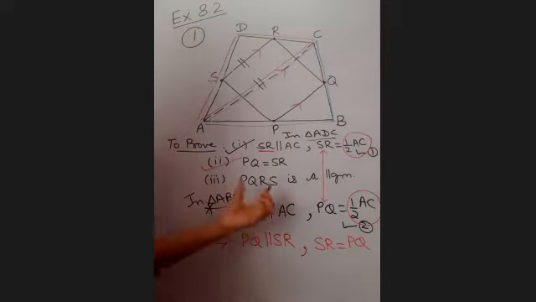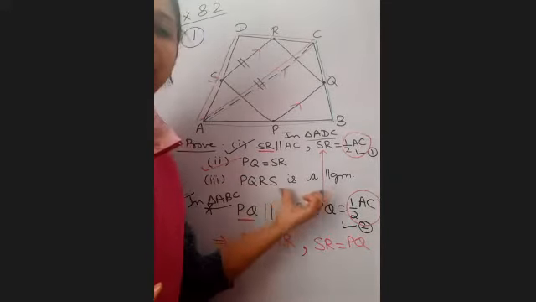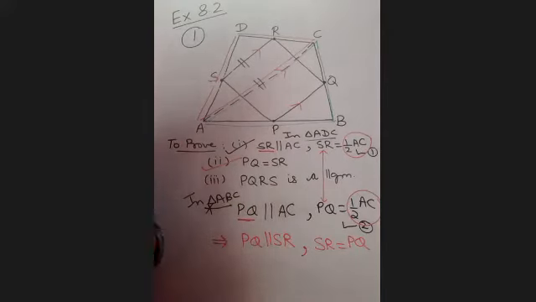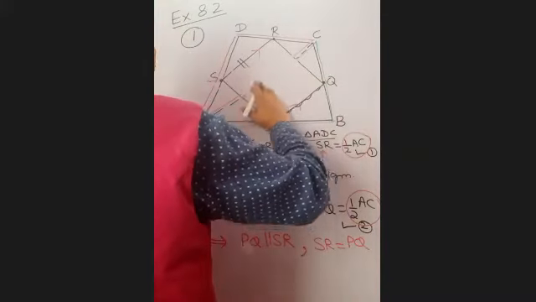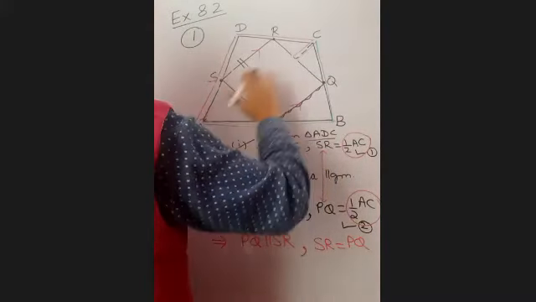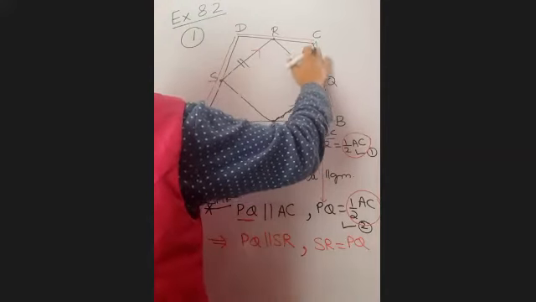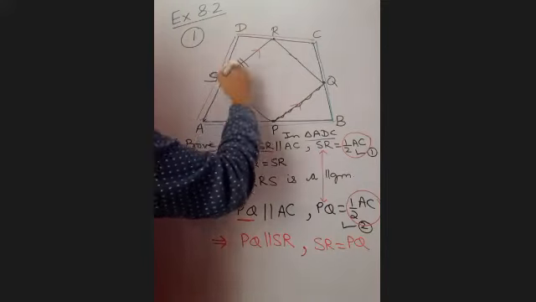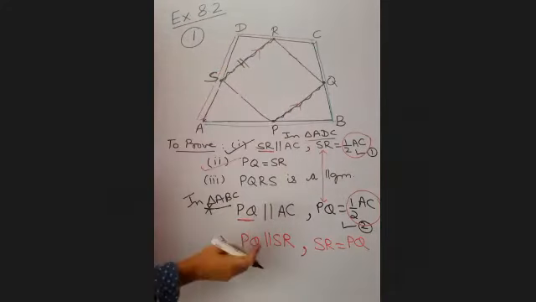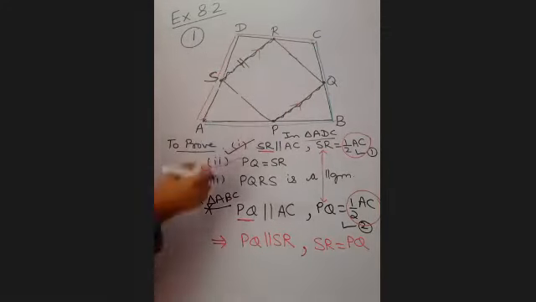Next we need to prove that PQRS is a parallelogram. Now tell me one thing. In this quadrilateral PQRS, let me just rub off everything else for the time being. Do I have PQ parallel to SR? Yes, ma'am.